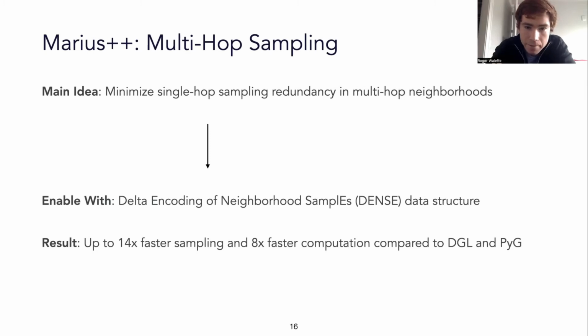So to that end, in Marius++, we introduced the delta encoding of neighborhood samples data structure, or DENS for short, which tracks multi-hop neighborhoods using incremental deltas between each successive sampling hop. And together with efficient algorithms for constructing DENS on the CPU and using DENS on the GPU, this led us to 14x faster multi-hop sampling and 8x faster computation compared to DGL and PyG.